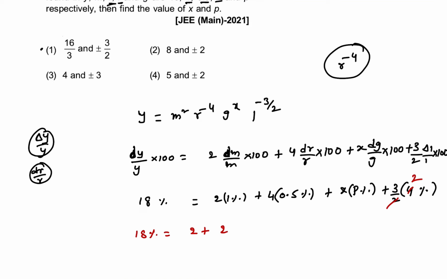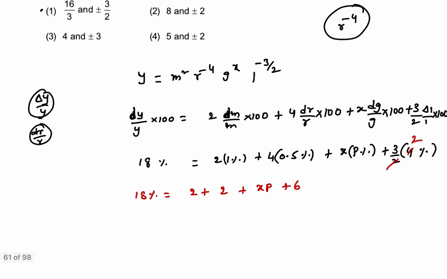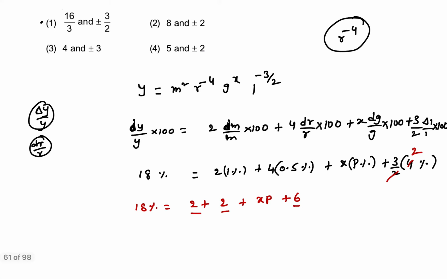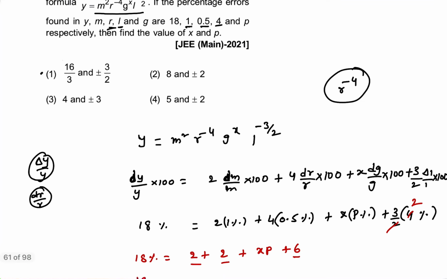Now finally you get 18 percentage is equal to 2 plus 4 into 0.5 is 2 percentage plus xp percentage plus 6 percentage. If you add this, 2 plus 2 is 4, 4 plus 6 is 10, so you are getting 10 percentage.